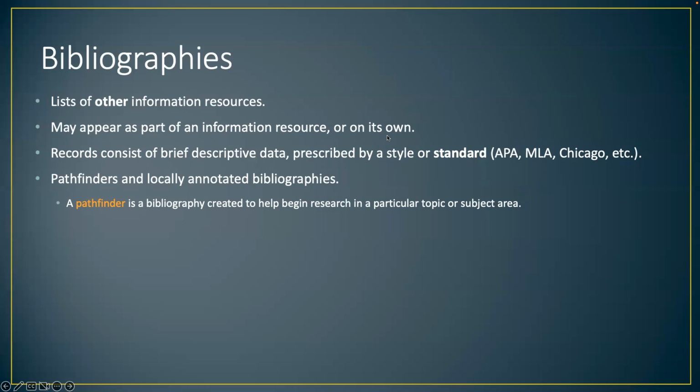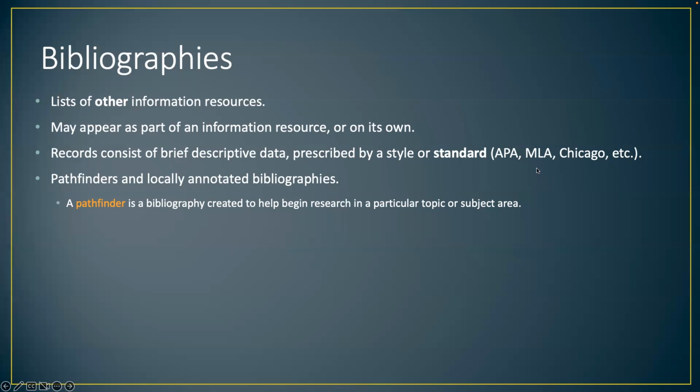So bibliographies can be published on their own as a book itself, to list some other information resources under certain topics. And it is always following a style or standard for the format of this descriptive data.